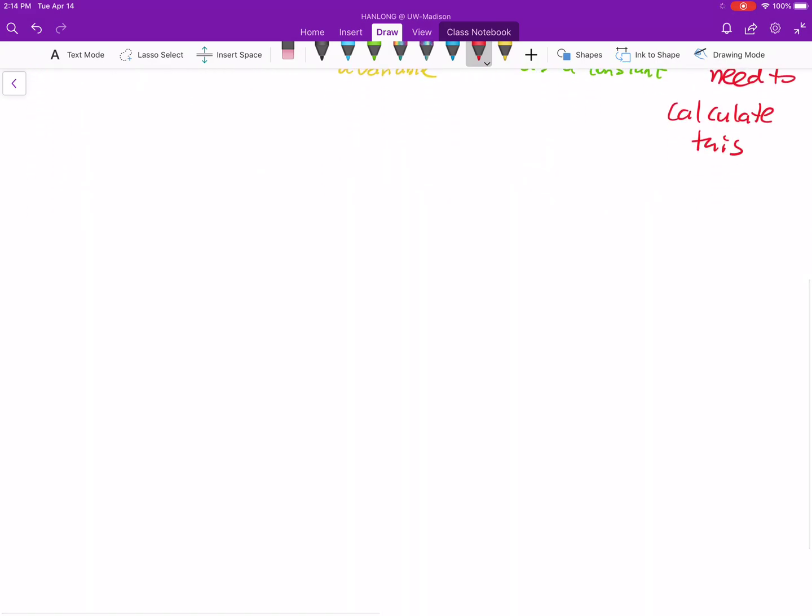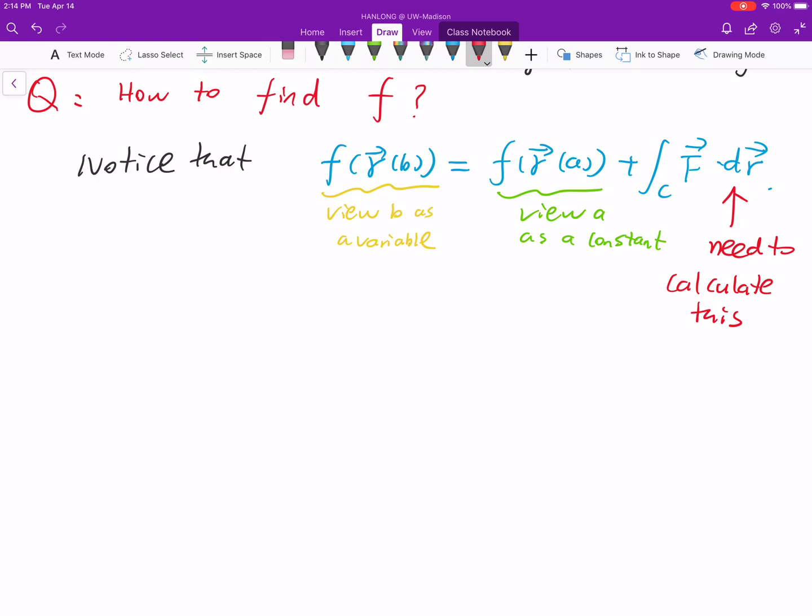Then recall that before we said here the parameters a and b are not important. The important thing is gamma a and gamma b, the coordinates for the initial and the ending points.